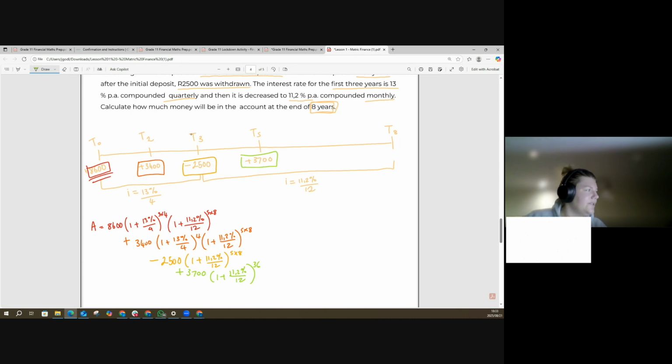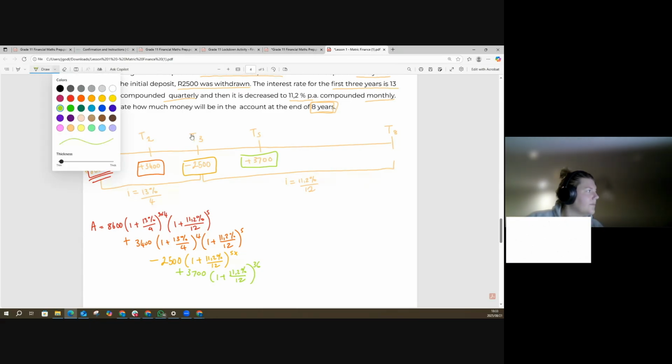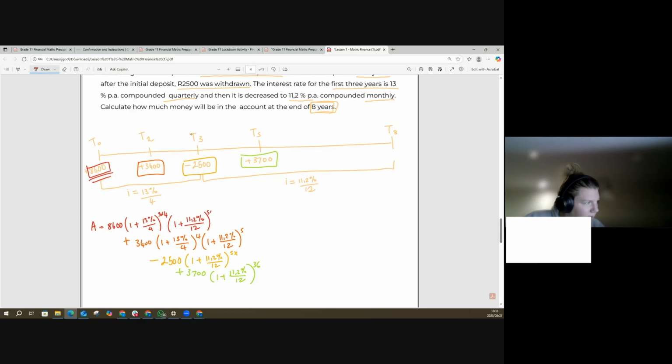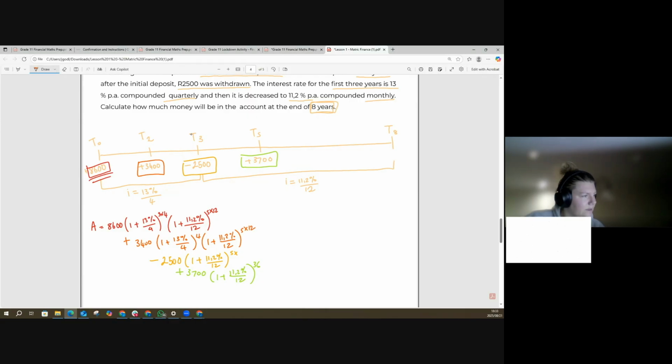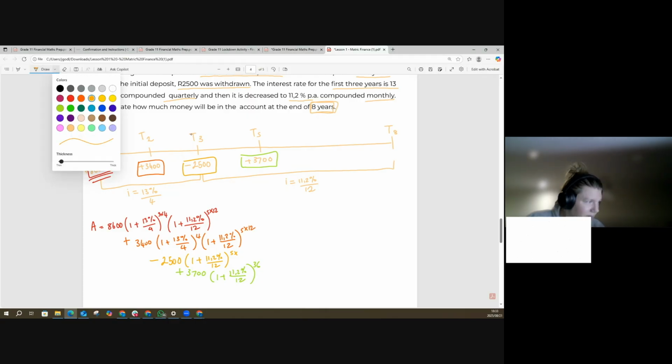Oh, no, it shouldn't be 8. Sorry. It should be times 12. I definitely did do times 12 in my calculator, though. This was just a silly writing situation.